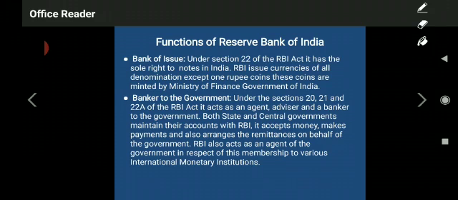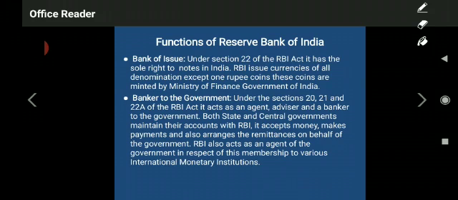Under sections 20, 21 and 22A of the RBI Act, Reserve Bank of India acts as an agent, advisor and banker to the government. RBI is acting as an agent of government, advisor of government, and banker to the government. It means what? State and central government financial activities are controlled and supervised by RBI.